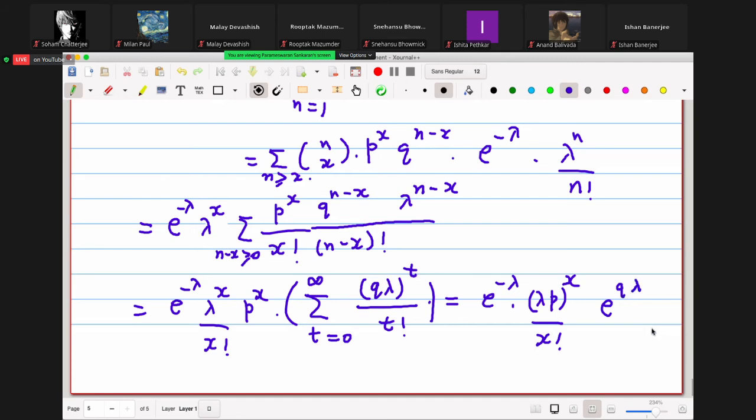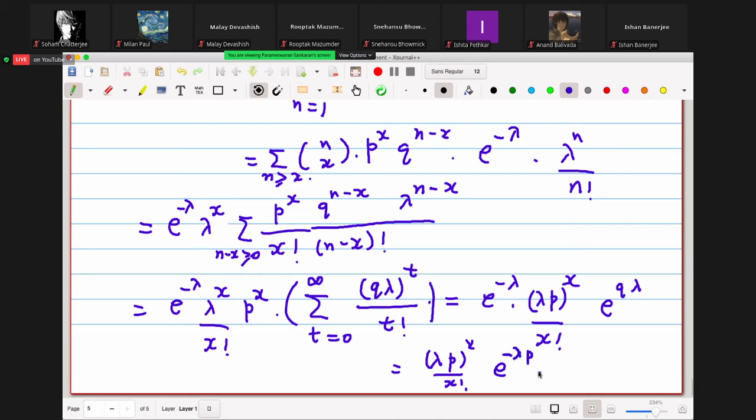Okay. And that is, see, e power lambda times 1 minus q. So I will rewrite that in that particular fashion. So this is lambda p power x by x factorial, and then e power minus lambda times 1 minus q, that is e power minus lambda p.